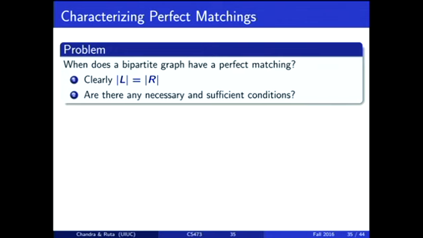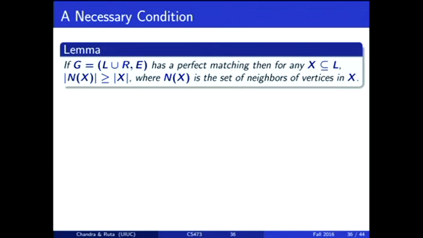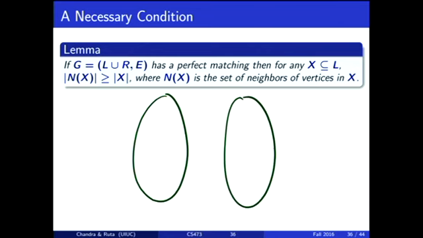And there is. Here is one necessary condition. Suppose I have this big graph, L, and here is R. And I find some set of vertices, call it X. I look at the neighborhood of X. What is the neighborhood of X?